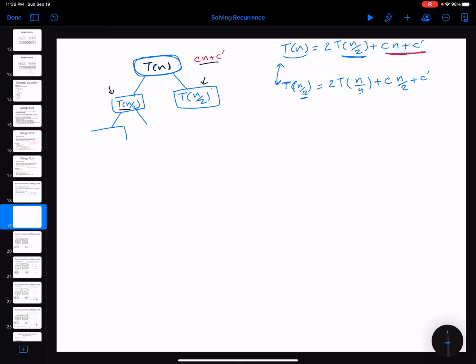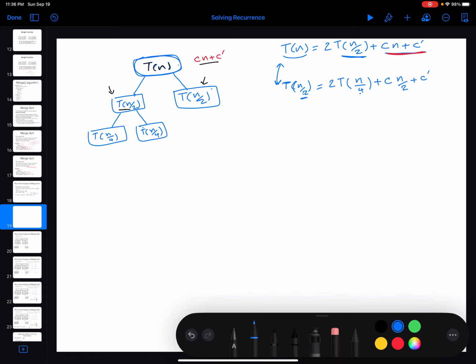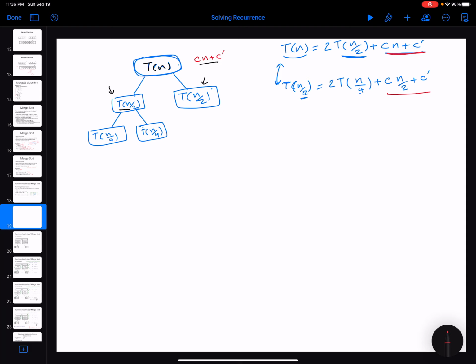So I am going to have two boxes of T of n divided by 4. And for this box, there is going to be another term of this cost, C of n divided by 2 plus C prime.